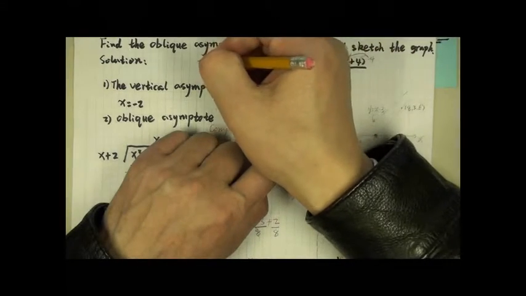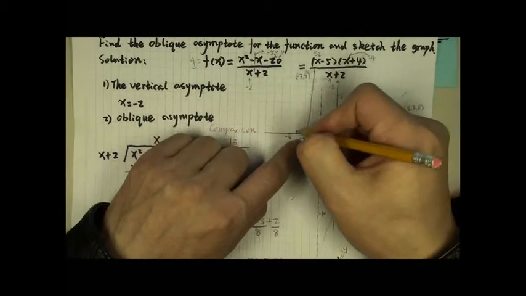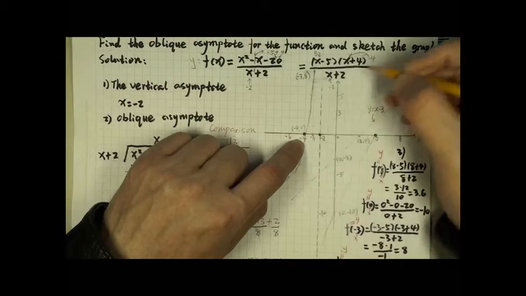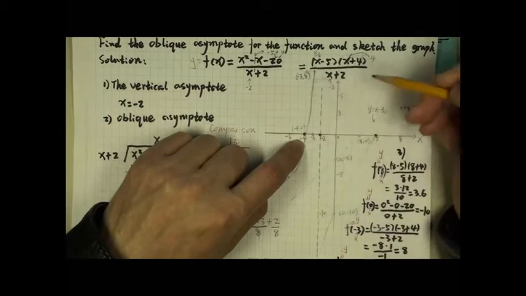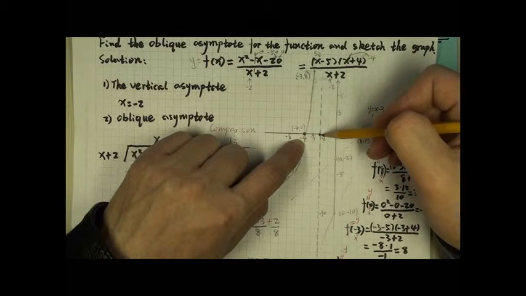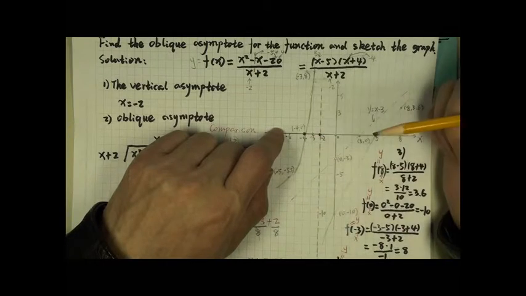So here is negative 4, 0, and you can connect it. Again, it is positive on this part between negative 4 and negative 2, so on the left it will be negative.